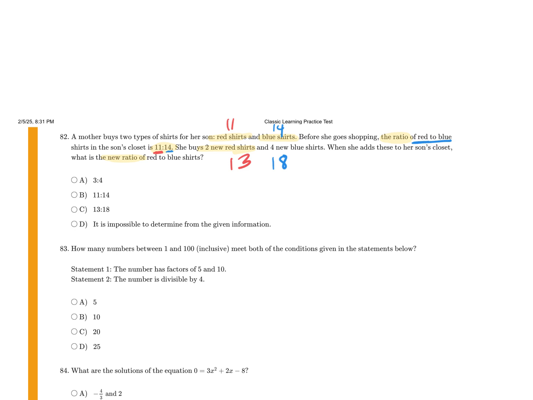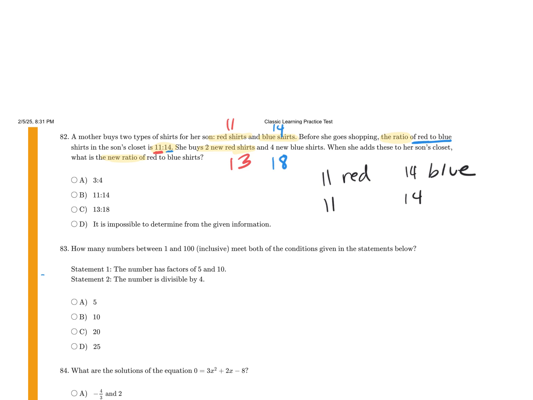When you are given a ratio, you actually don't know what the total is. The only information we know is that for every 11 red shirts, there are 14 blue shirts, but there could be more than 11. It just means for every 11. So there could be another 11 and another 14.